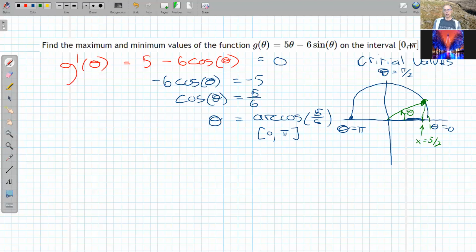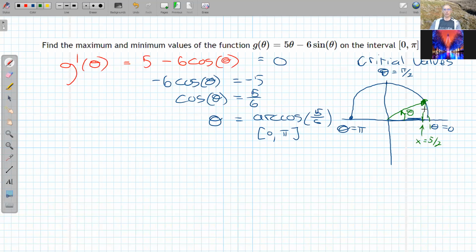So I know that that's one of the answers. And then here, let's see, I want to find another point on that interval from 0 to pi. Here is pi over there. I think that's the only one. Is that true?